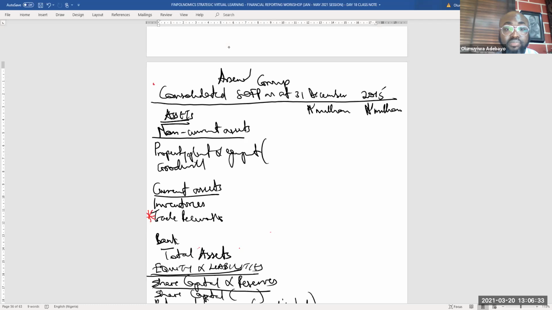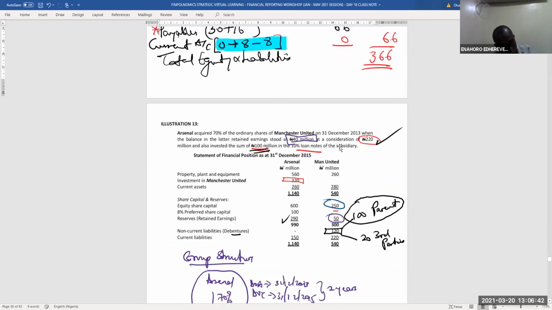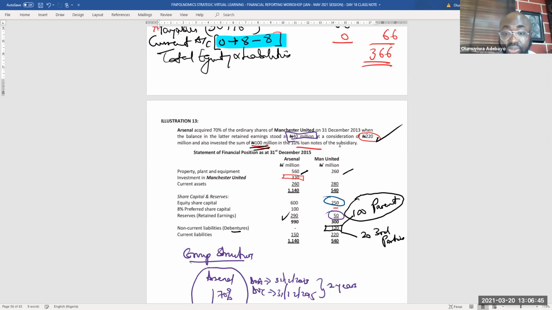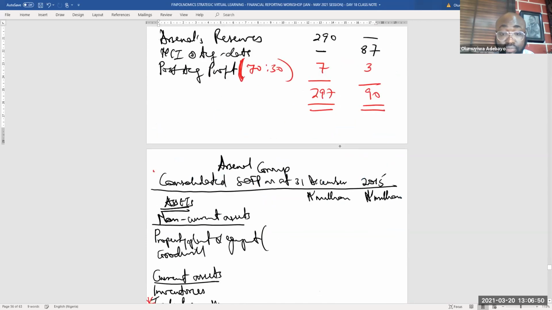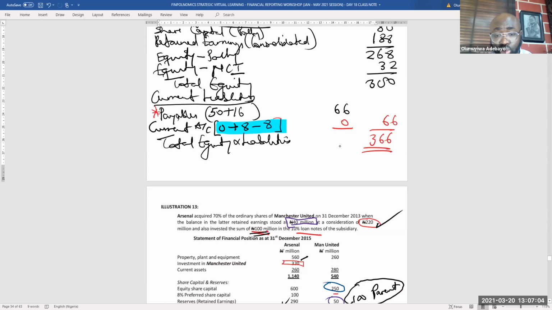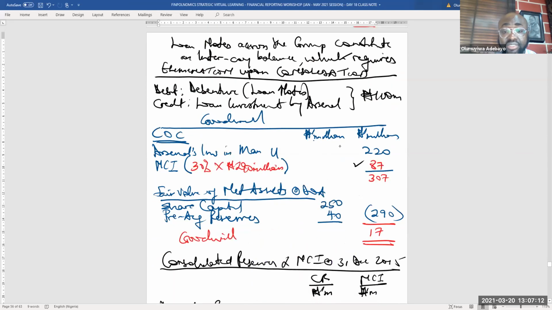Arsenal as a group. What is the PPE? 560 plus 260. And that should give me 820. Is that correct? Yes. Investment cancels out, 220 and 100 has gone out, leaving out goodwill of 17.